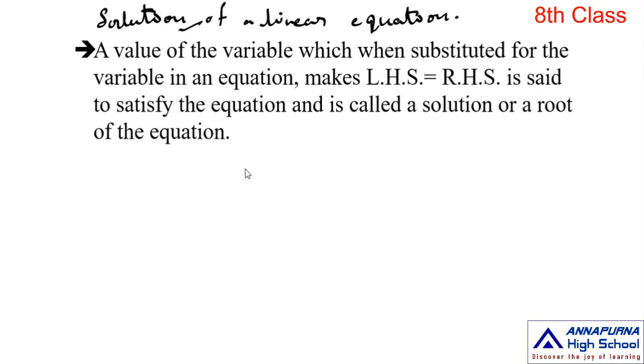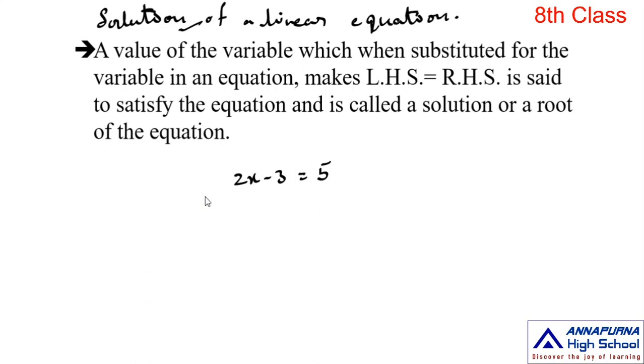For example, I am taking one equation, 2x minus 3 is equal to 5. Here what is the variable? x is the variable. Which variable value makes this total mathematical statement a true statement?